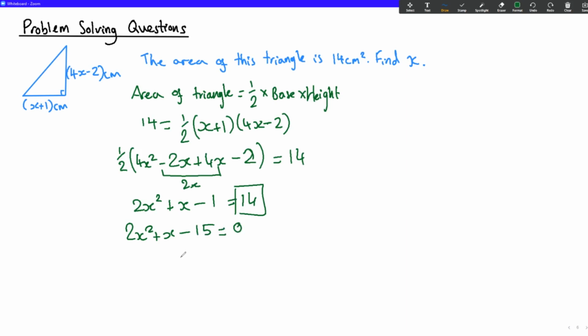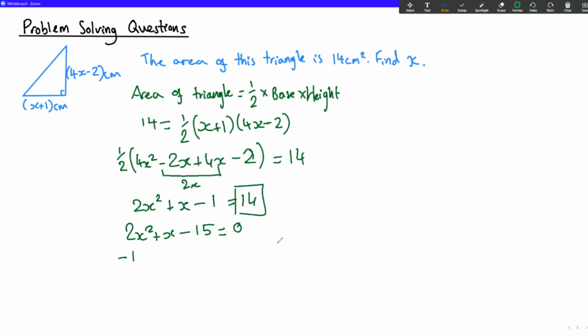we can just use any of the methods that we've learned so far to find this. But the method that I would use is the quadratic formula. So let's do that. So we have negative b, which is 1.